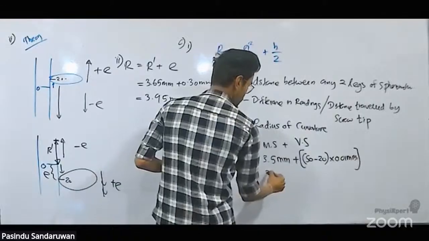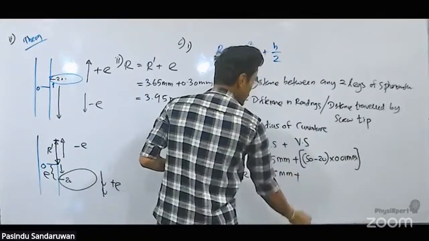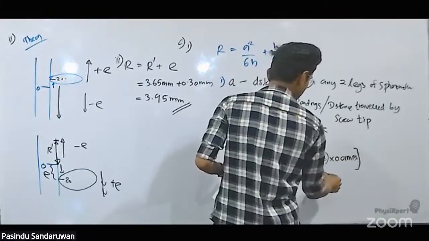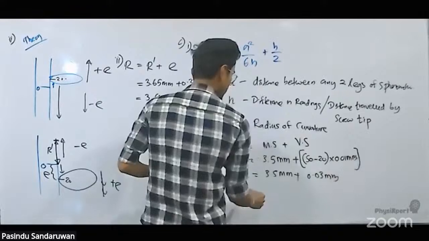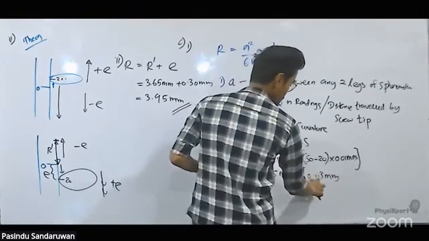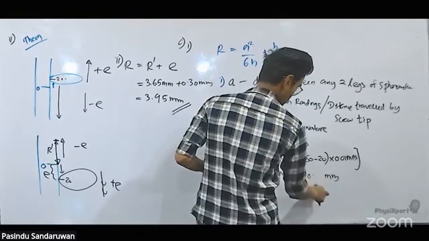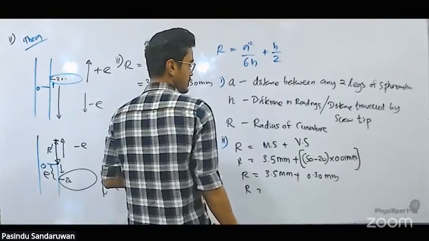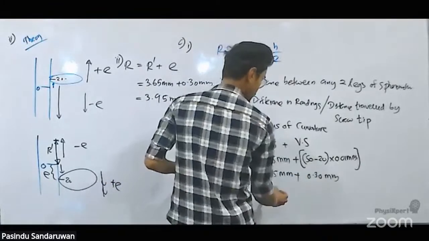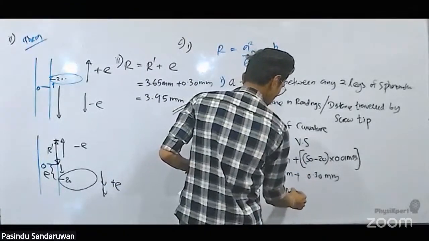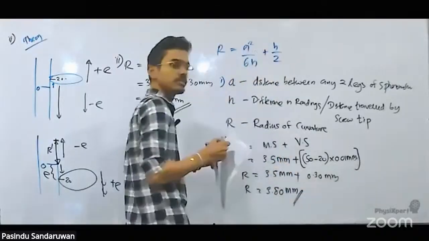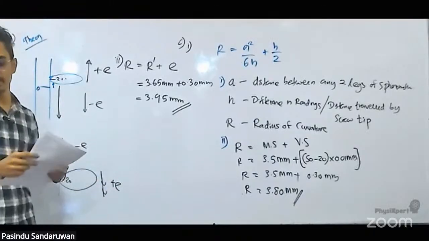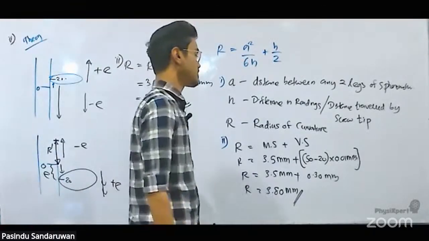Simplify this: 3.5 millimeters plus, here this is 30. 30 into 0.01 means 0.30 millimeters. Then 3.80 millimeters. State the reading, 3.80.